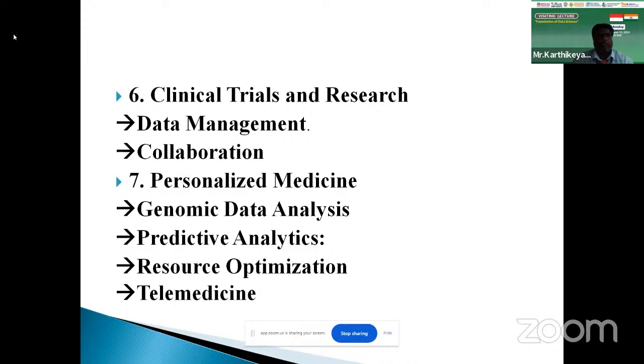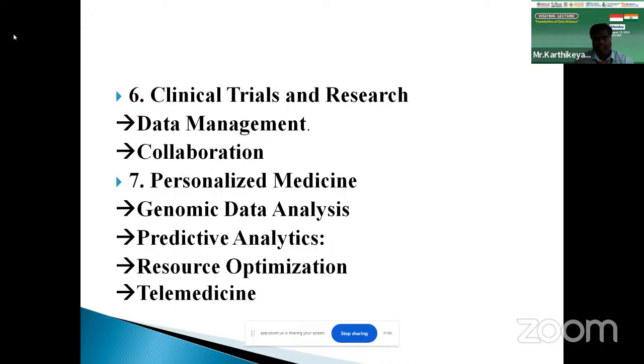Data management is nothing but clinical trials generating vast amounts of data from participants, including clinical measurements and patient-reported outcomes. And collaboration: distributed computing supports researchers across institutions. Researchers can share data and computational analysis tools, accelerating the pace of discovery and innovation.